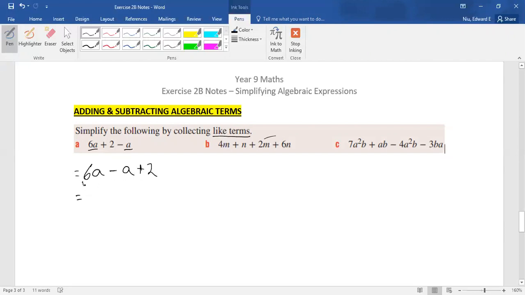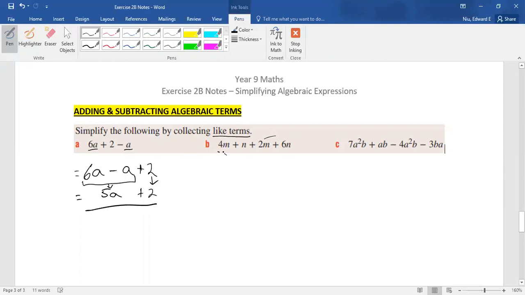And then this part turns into 6a take away a, which gets us 5a, because 6 take away 1 is 5, and then we leave the plus 2. And that is our answer. Please do not keep going, because 5a and positive 2 are not like terms, so we cannot simplify this any further.